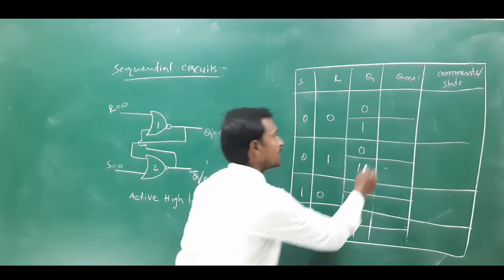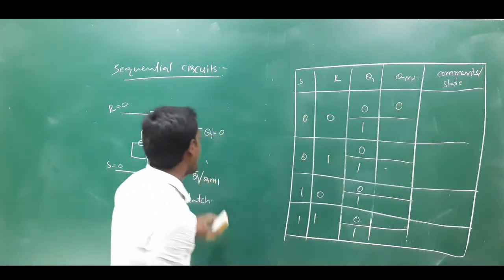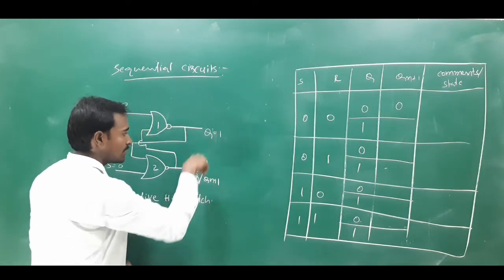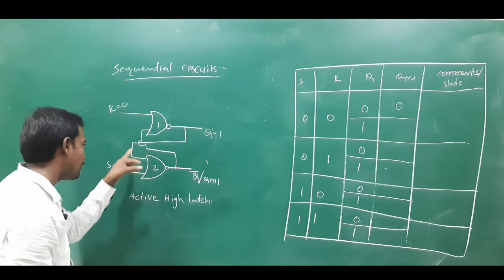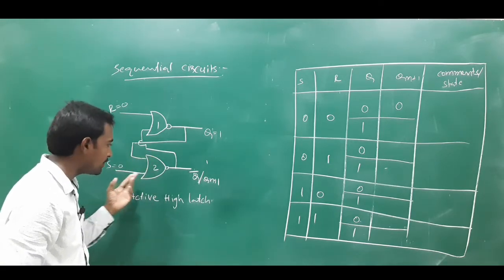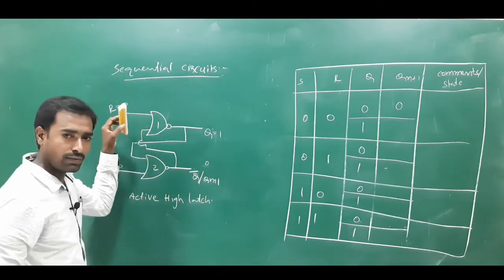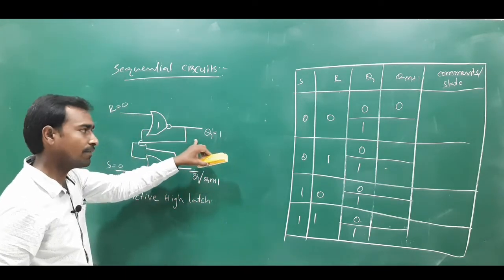So here we are getting the output 0. And for Q equal to 1, 1 plus 0 equal to 1, and 1 complement is 0 here, and 0 plus 0 is equal to 0, 0 complement is 1.